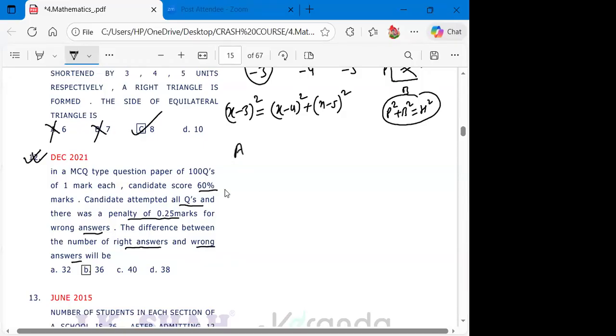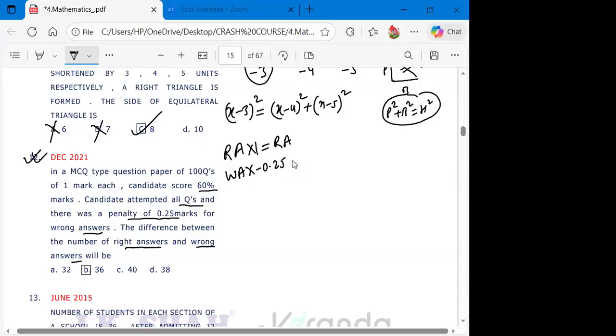For a right answer, what will you get? Into 1. For every right answer, you will get 1 mark. And for a wrong answer, it will be minus 0.25 because negative marking is there.